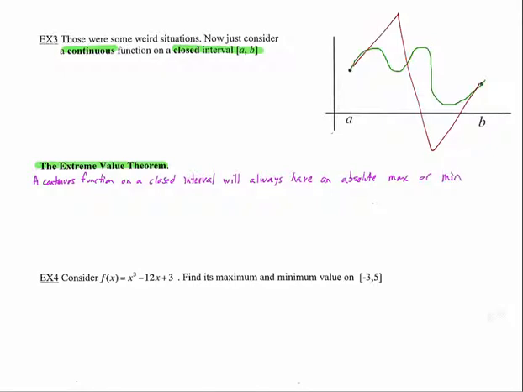Right, so if you're going from A to B, you're going to have a maximum value, you're going to have a minimum value. You have no choice. You can't get away from that.